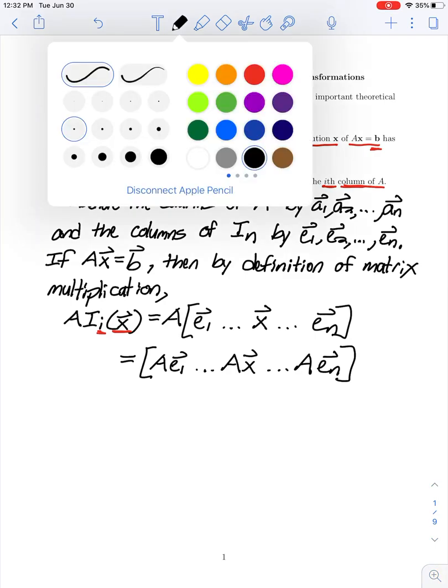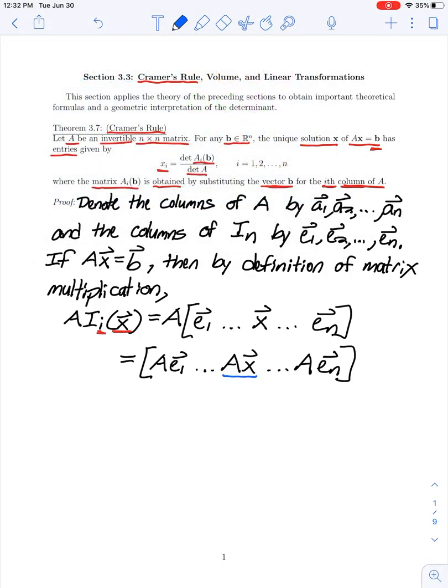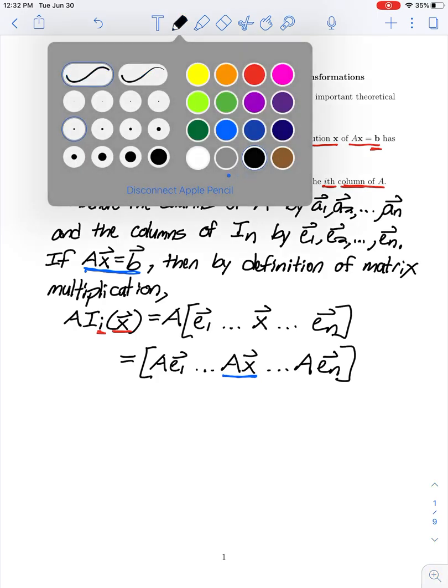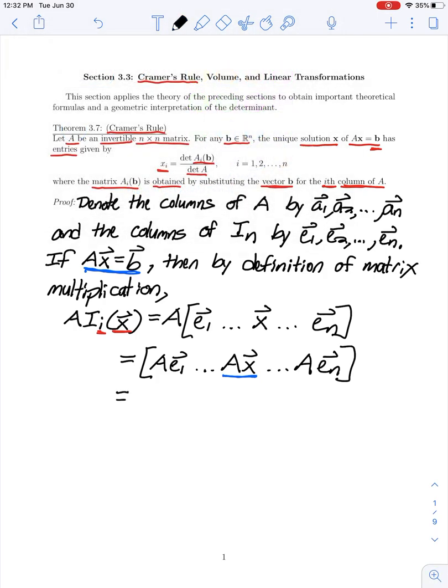Now, since A times x is equal to the vector b, we can replace that ith column by the vector b. So we have A times E1 as our first column. The second column would be A times E2, up through, for our ith column, A times x, which is equal to b. And then for our nth column, we have A times E sub n.